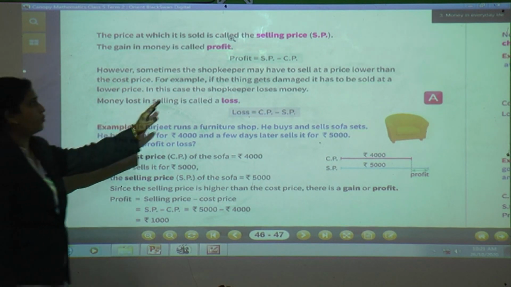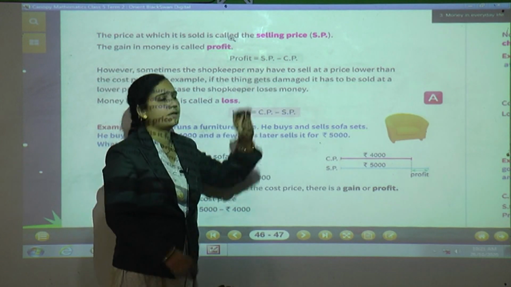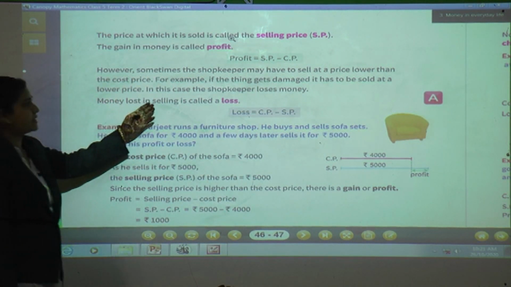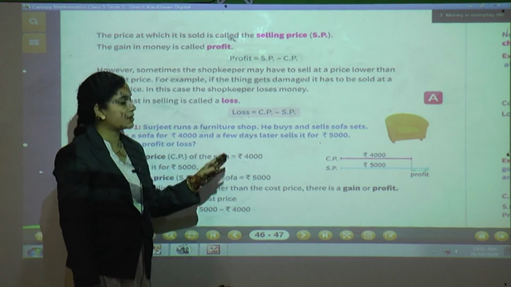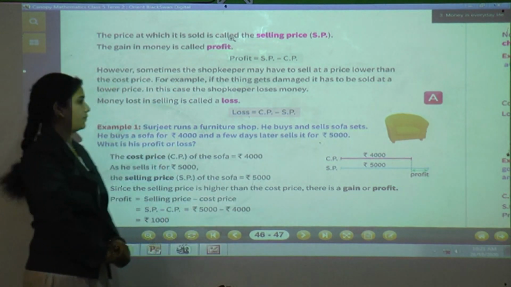So here is the formula of profit: SP minus CP, selling price minus cost price. Now money lost in selling is called loss, and the formula of loss is CP minus SP.